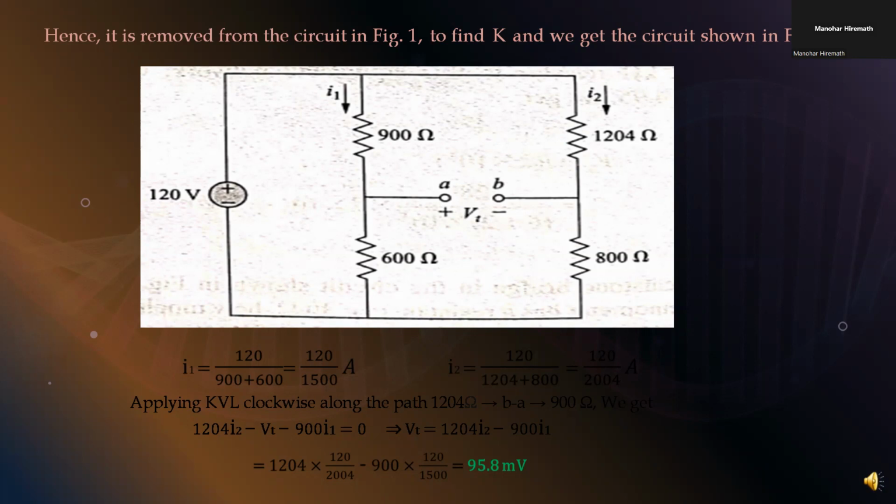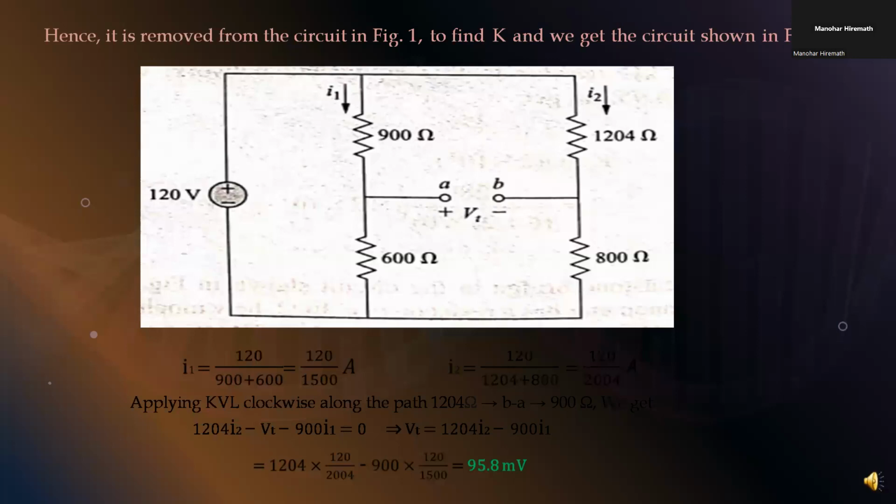Applying KVL clockwise along the path 1204 ohm, VB minus VA, 900 ohm, we get 1204 I2 minus VT minus 900 I1 equals 0.